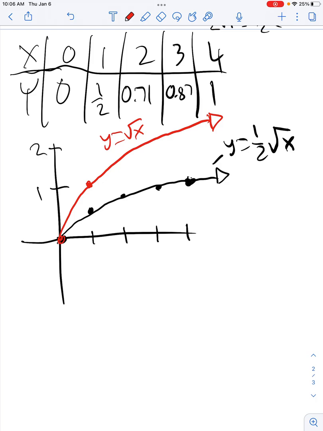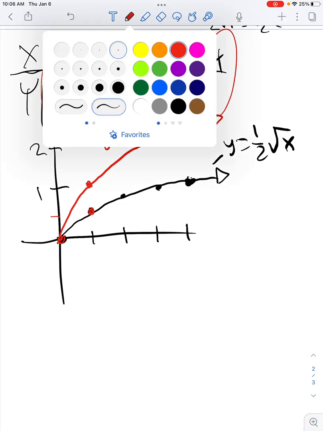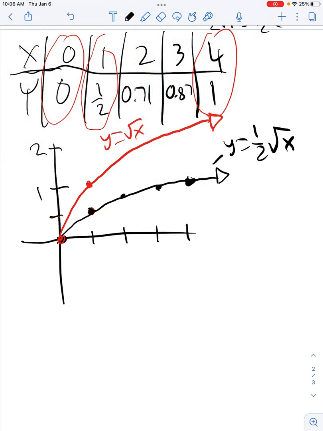You have to find important values. So again, the important values that I was looking at for these were these 3 for my y is 1/2 square root x, because I can clearly label when it's 1/2. This is 1/2. This was 0, and then this one was when x is 4, y was 1.